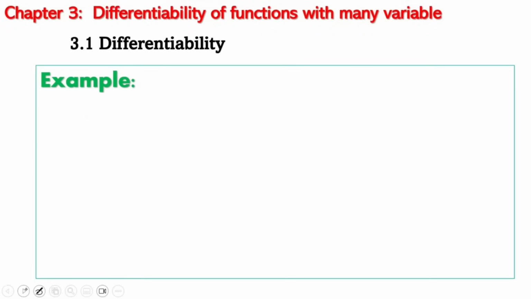So let's have one simple example. f of x is defined as (x cosine x, e to the power x square). In this case, note that the function is from R to R2.